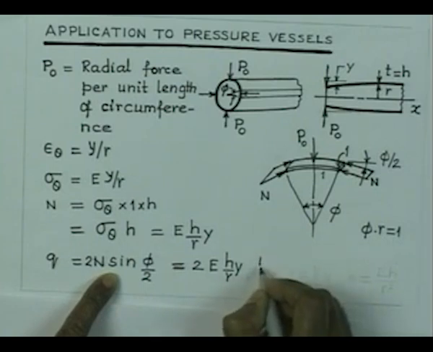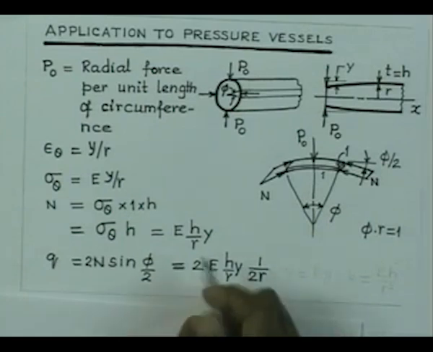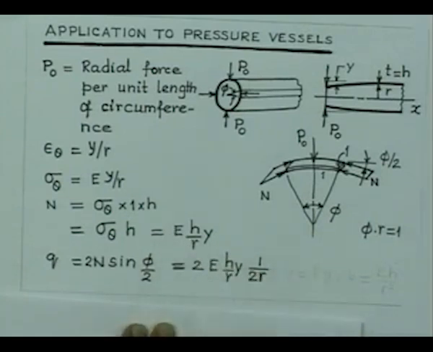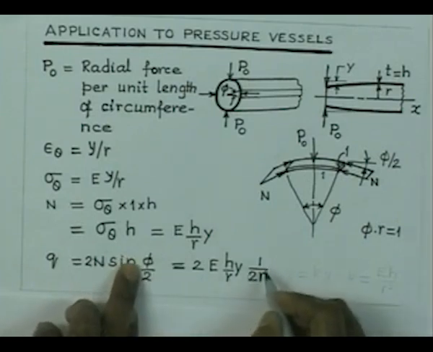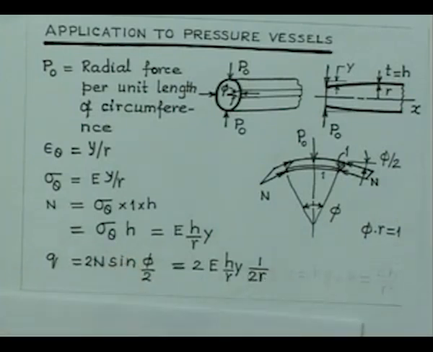I have approximated sin phi by 2 by phi by 2, which is nothing but 1 by 2 r.